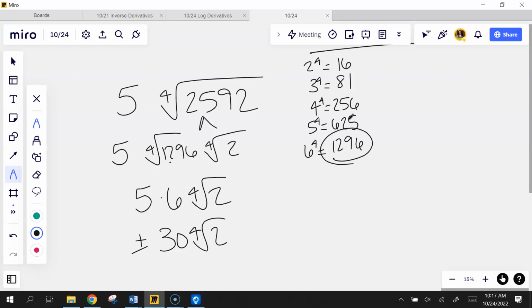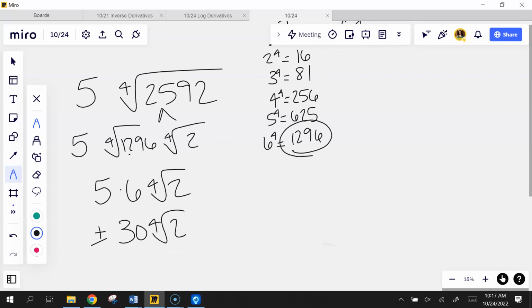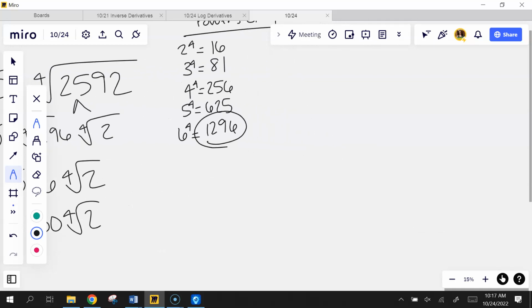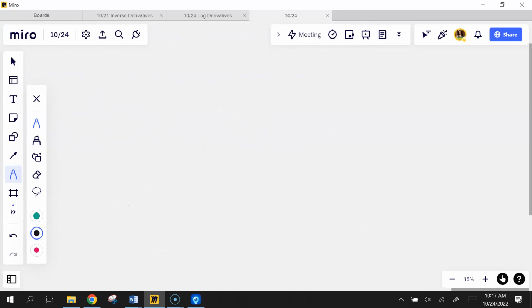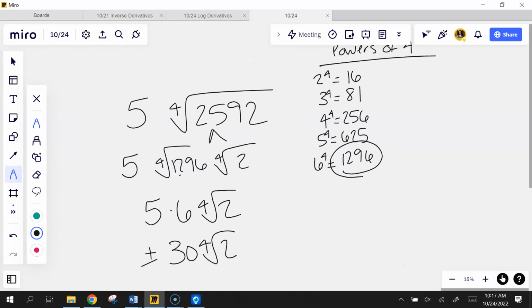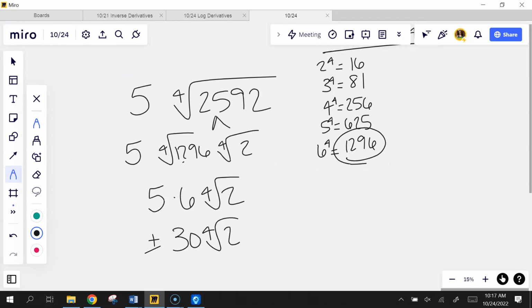Okay, let me crank it up a notch. I mean, we're at like the limit I can do in my head. You just start dividing 2592 by these numbers until you find one that works.